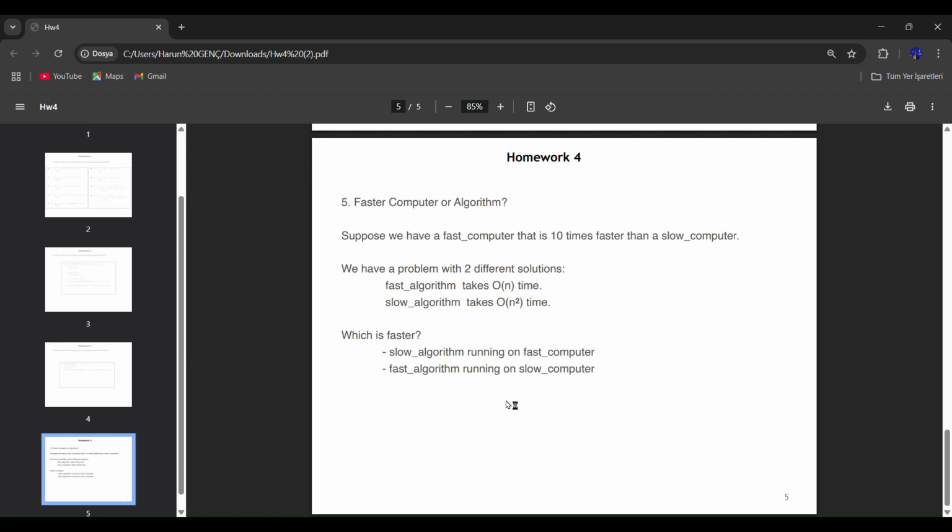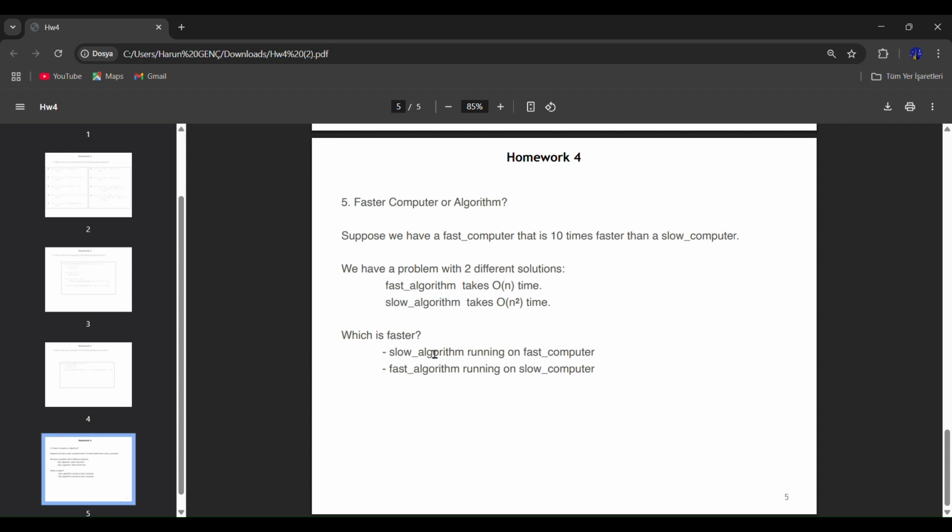This means it runs in O(n) time. Comparing O(n squared) with O(n): even though the slow algorithm runs faster on the fast computer, O(n squared) complexity grows much faster than O(n) as n increases.